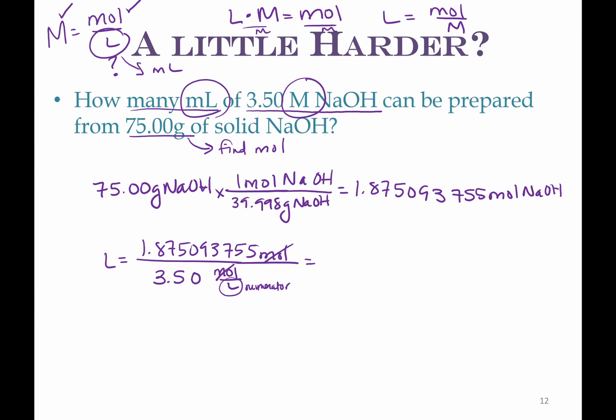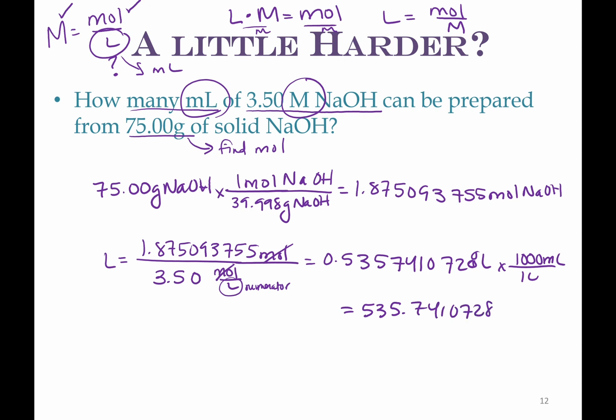So we're going to end up in liters. Divided by 3.50, 0.5357410728. That's liters. And for every 1 liter, there are 1,000 milliliters. So multiply that by 1,000, and you get 535.7410728. That's milliliters.